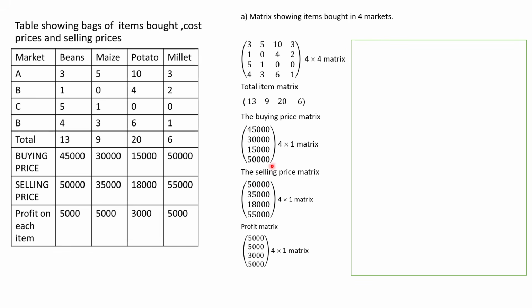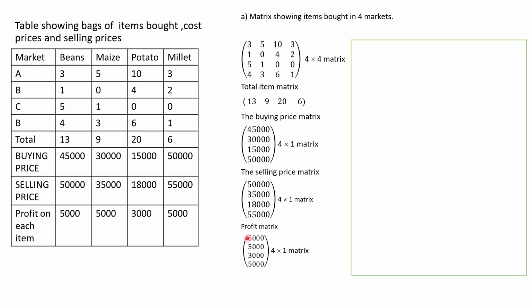Yes, some people can get the amount of money spent on buying those items, and then the amount of money after selling those items, then you subtract to get the profit. But why can't you summarize here? From here, you find the profit, such that you save time.